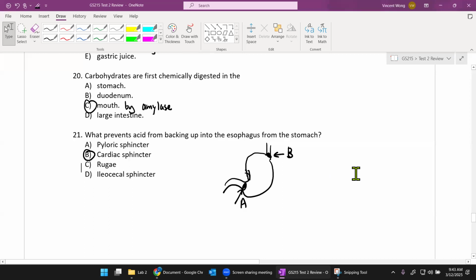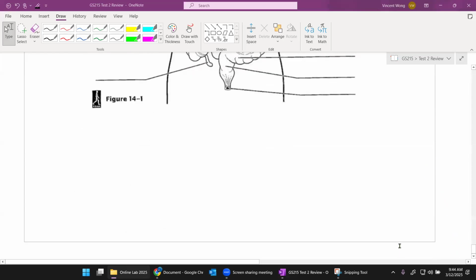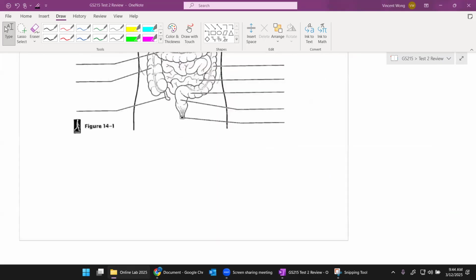That's it for the review sheet. Now, do you guys want me to take up the whole lab, or to make it easier for me, do you just have specific slides you want to go through? Either way is okay. Just let me know what you prefer. Have you guys had a chance to work through the labs? Do you have specific slides?